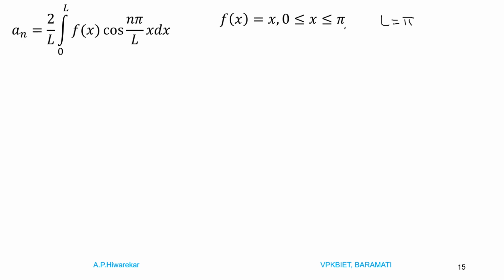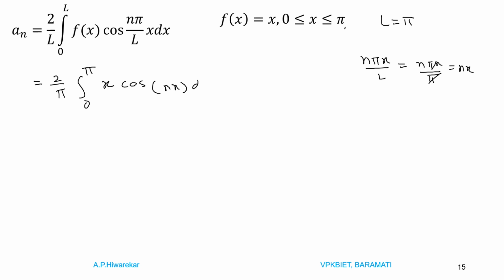So in this case the value of an is 2 by pi, integration 0 to pi, x into cos of n pi x by L, but L is pi, so this is n pi x by pi. Pi gets cancelled, and we have the angle as nx, so cos of nx dx.